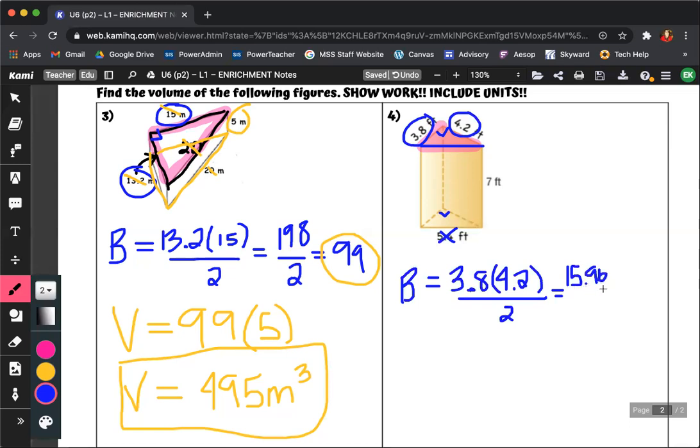Divided by 2 equals 7.98. So that's our area of the base. And that's what we're going to multiply by the height of the prism. So we're going to do 7.98 times whatever our height is.